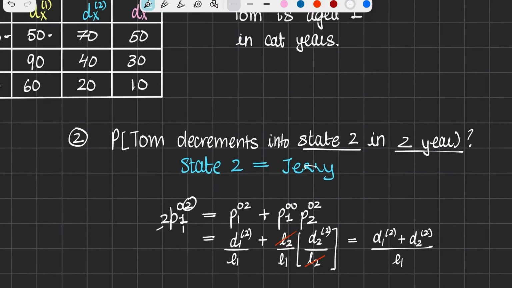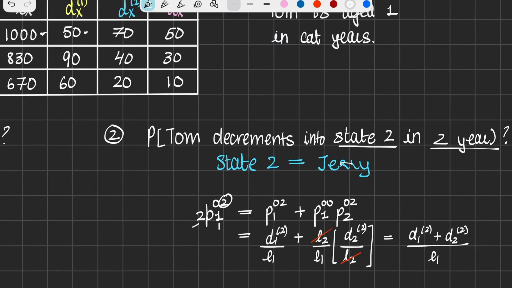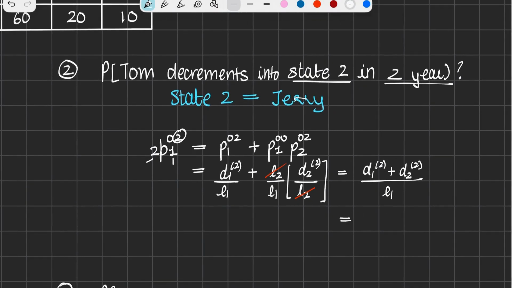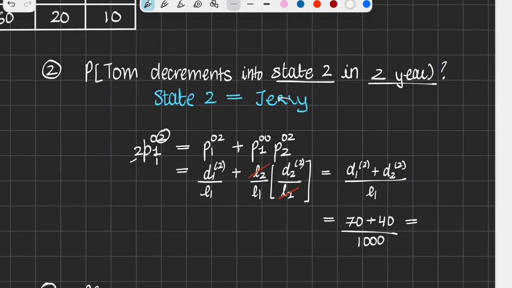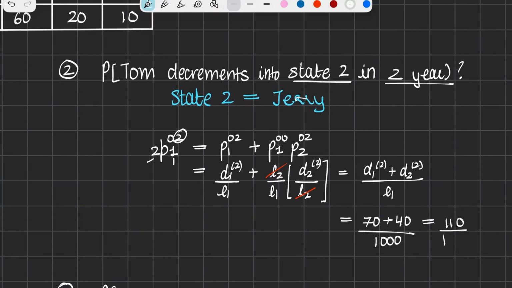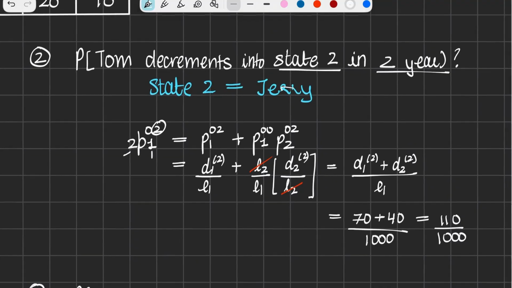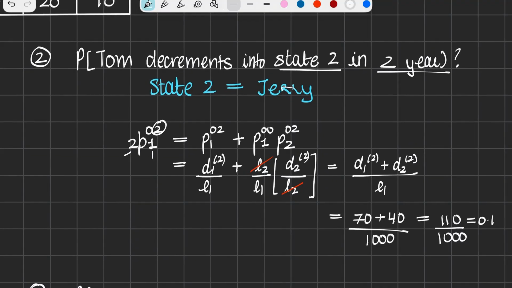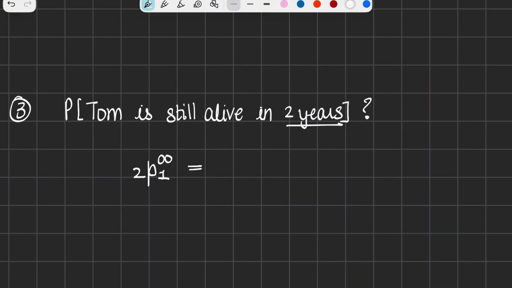So picking up the numbers from that table now, L1 is 1,000, D12, and then D22, so that's 70 and 40. All over 1,000. That gives us 110 over 1,000. That's our final answer.